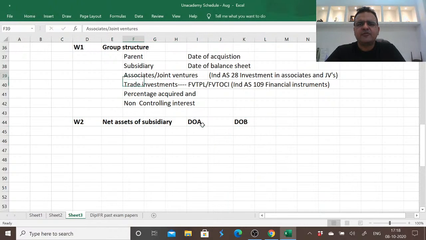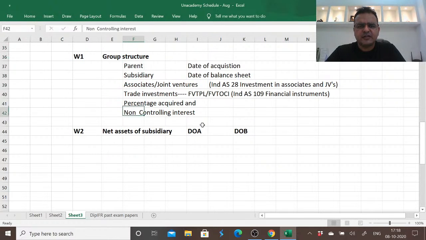This working will help us with working note number 3, calculation of goodwill, valuation of NCI, and also how much will be the share of profit of the subsidiary post acquisition. This working is very crucial. From the P&L perspective, working note number 2, net assets of subsidiary, is indirectly the P&L of the subsidiary.